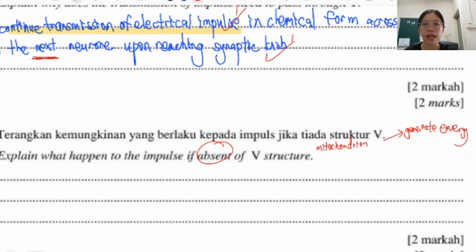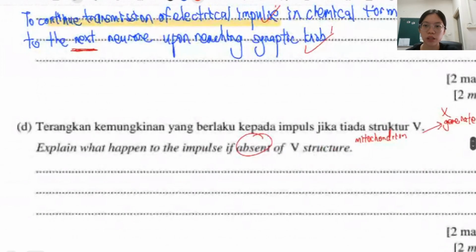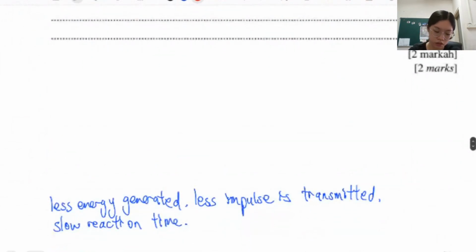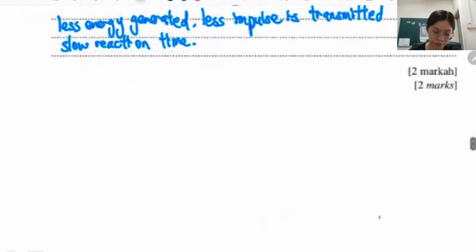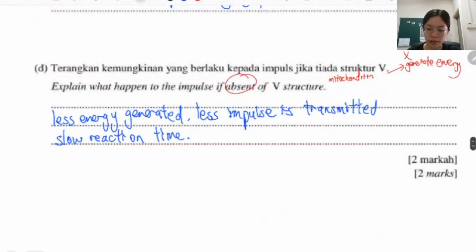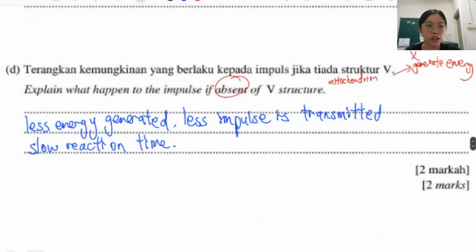So what happens if it is absent? Less energy will be generated, less transmission of impulse. When there is less transmission of impulse, can you predict what happens to the reaction time? Your reaction will be slower, because it cannot occur in a faster way since less energy is generated. So that basically explains it all. Less energy generated, less impulse transmitted, therefore leads to a slower reaction.